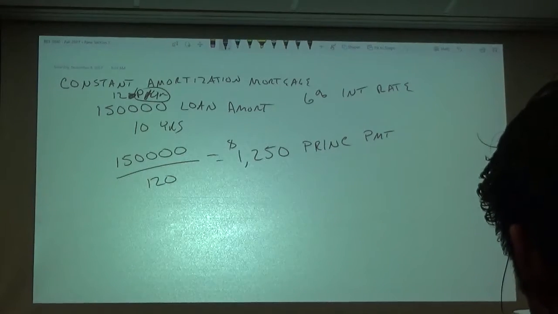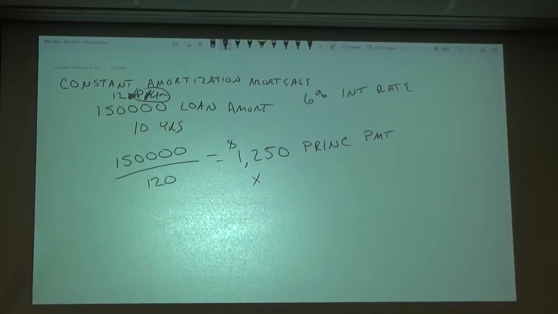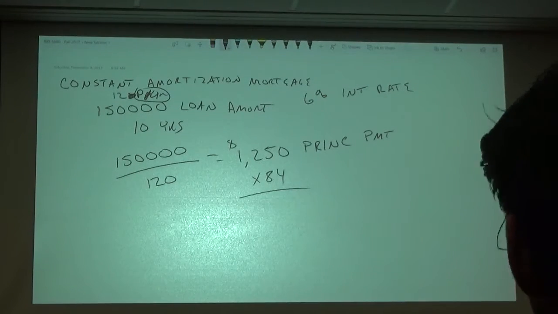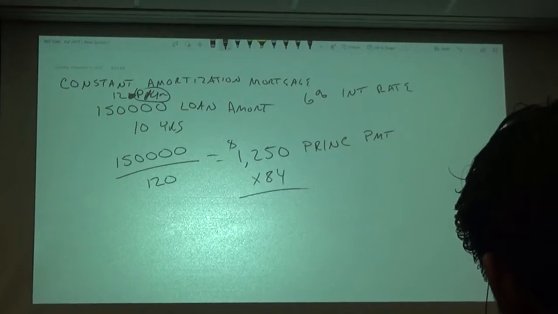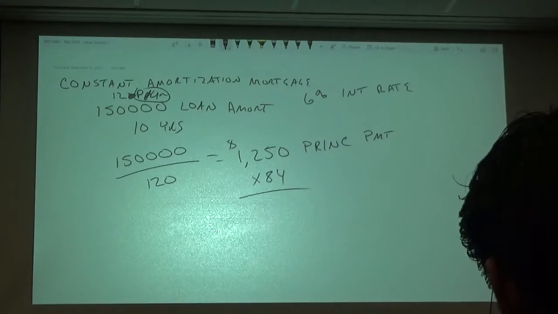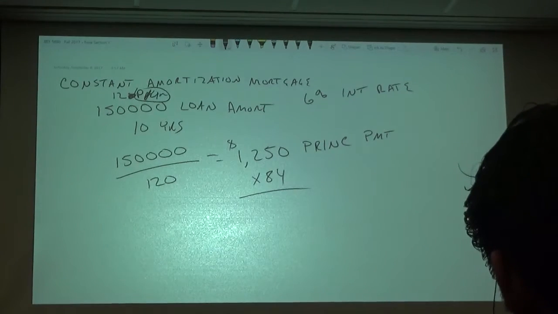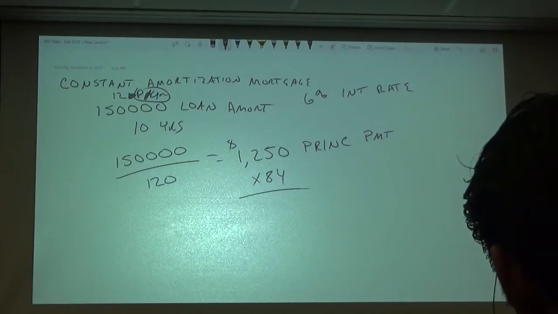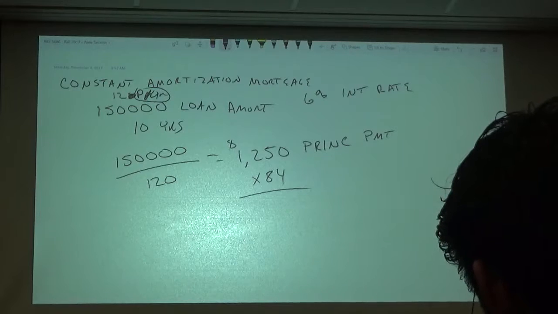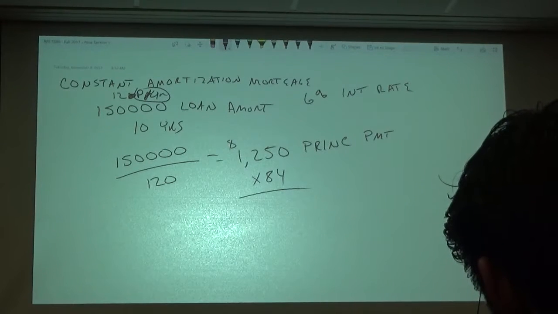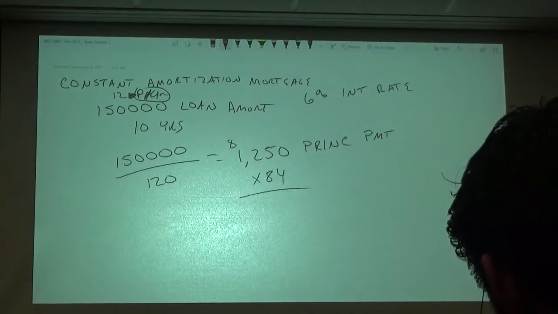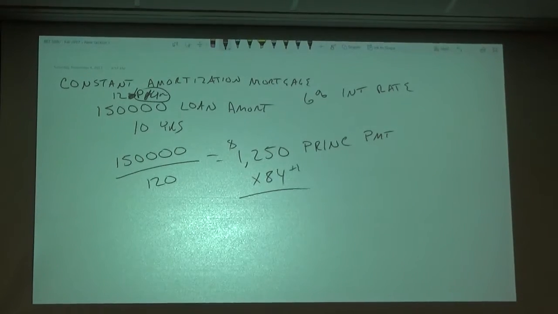Okay, so if month 84, we're going to multiply our principal payment of $1,250 times 84 months. The question was, what is going to be the amount of my payment for month 84? Thank you. So we're going to multiply the 1250 times month 84, so 84th month.